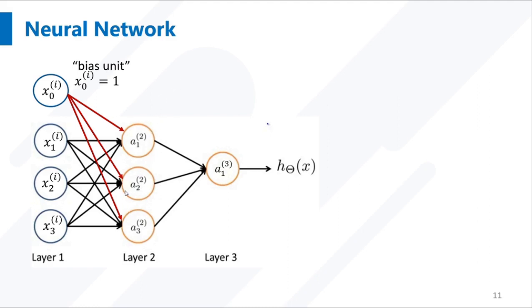One thing that I have to mention is that apart from a1, a2, a3, like in the first layer, you have to add a0 of layer 2. a0 of layer 2 is actually the bias unit for this layer, so this value is also 1. So this constant bias unit you have to add in different layers.